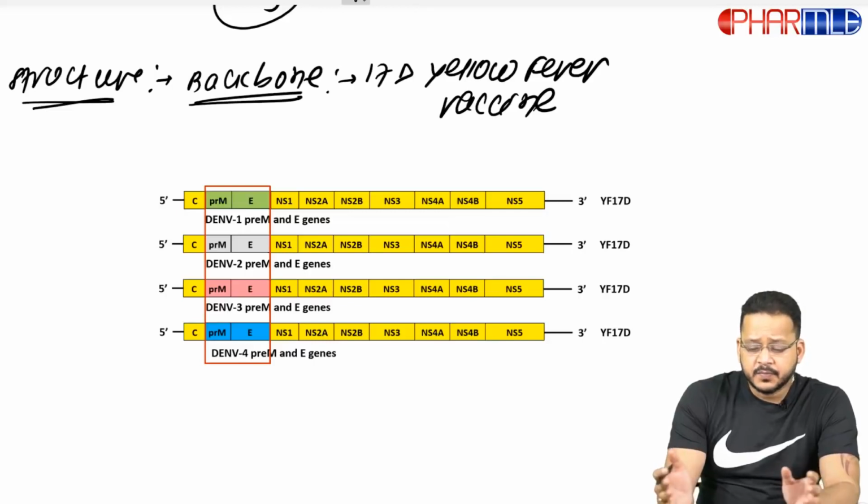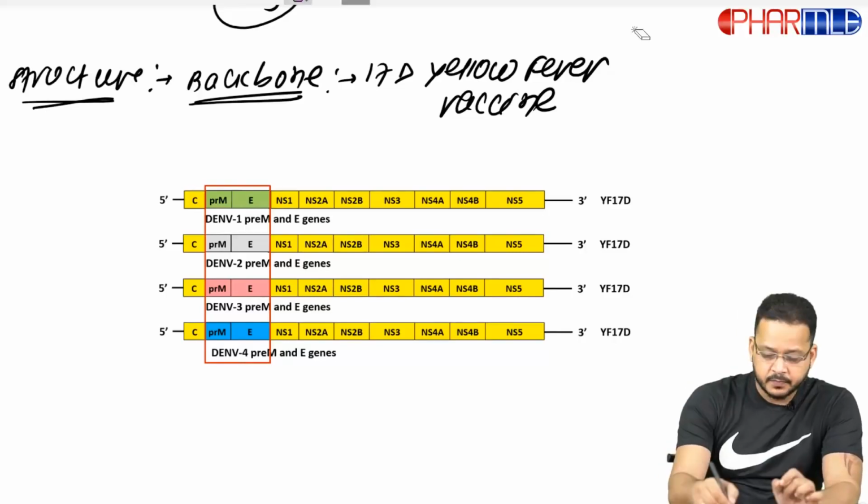You can see here the structure of the 17D yellow fever vaccine.